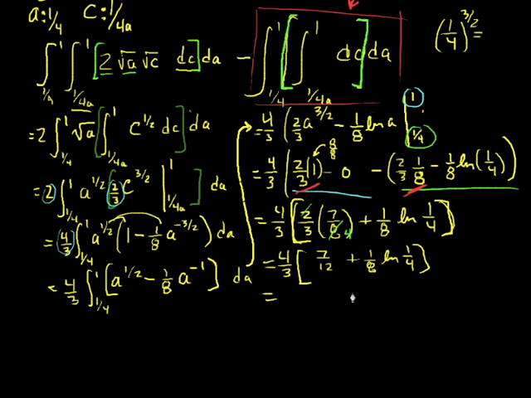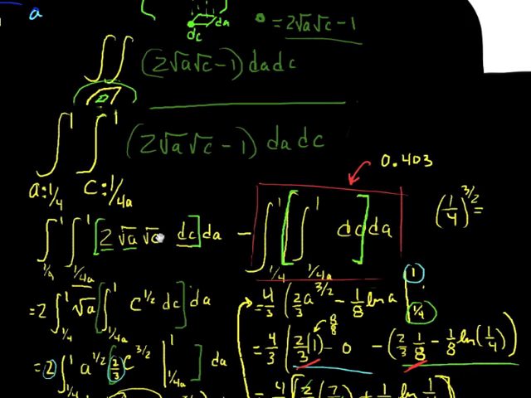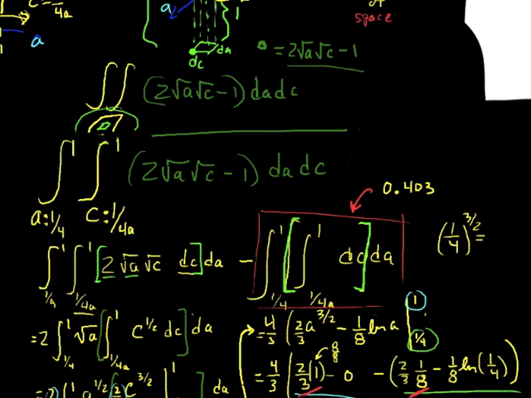So 7/12 plus negative 0.173, times 4/3, equals 0.547.